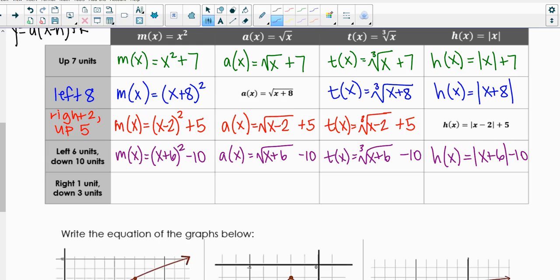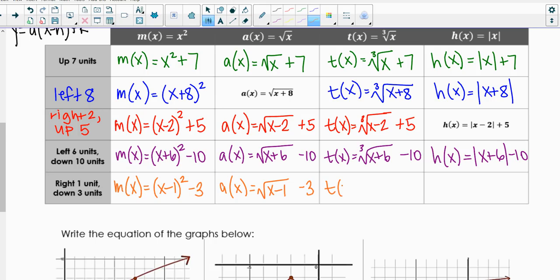Okay. For the last one, we have right 1 unit and down 3 units. So m of x, if I want to go right 1 unit, that's the opposite. So x minus 1 squared, and then down 3 units would be a minus 3. And then that same pattern will follow: the square root of x minus 1 and then minus 3.